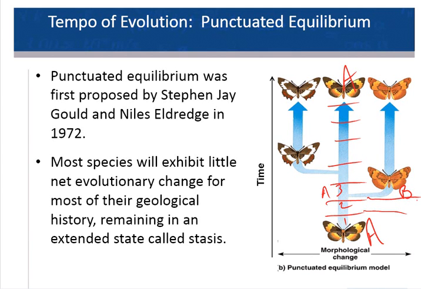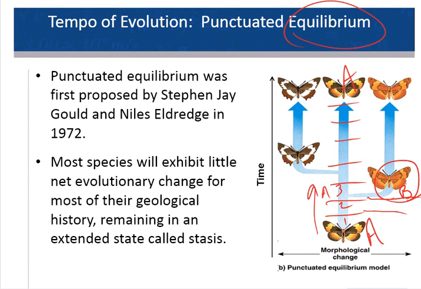Okay, so this model is proposing two points. One, that a species tends to stay the same for a long period of time. That's the equilibrium part of the name. Equilibrium, staying the same. But that every now and then something really special happens in the environment. We'll talk about what that might be in a minute. But something unique happens and causes evolution to happen so fast that in the next layer of rock, species B can appear, a new species can appear.